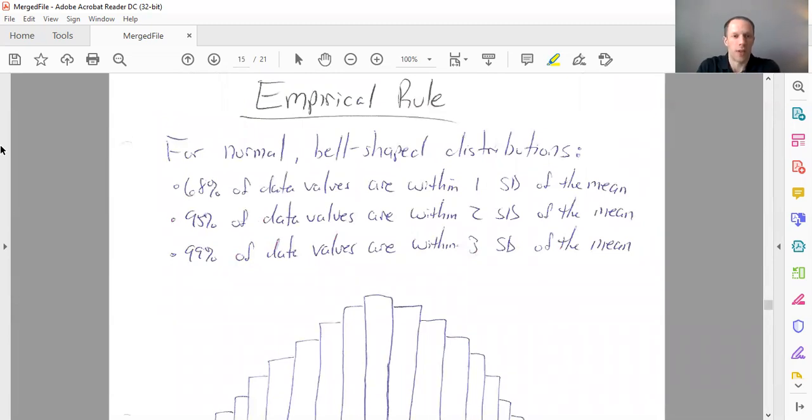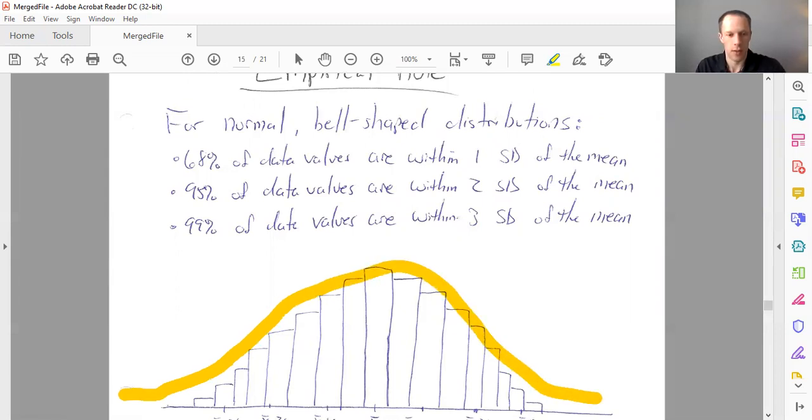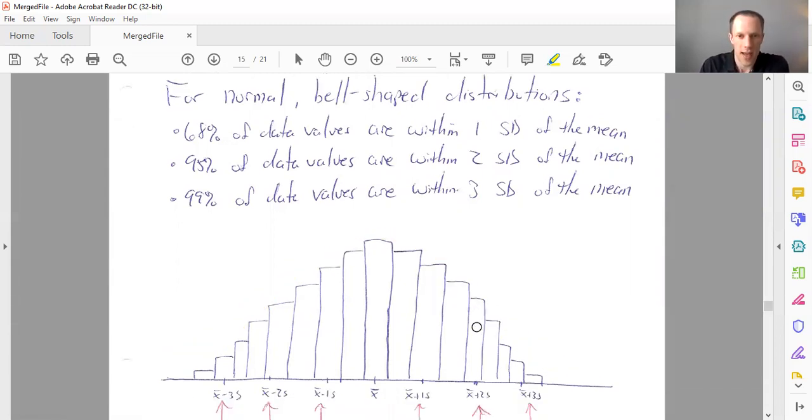Okay, and one last thing I want to go over with you, really two things, but they're related. It's called the empirical rule. So normal data, I think I've already described to you, is data where the histogram would have that bell-shaped curve. You get this nice symmetric histogram where you could fit a bell curve right over top of it. It turns out that the mean for normal data is right in the middle.